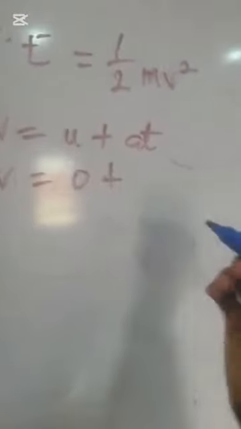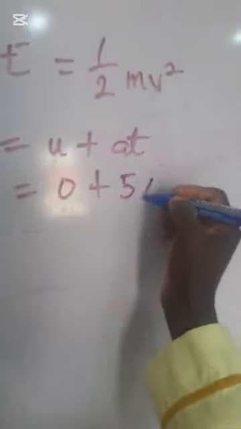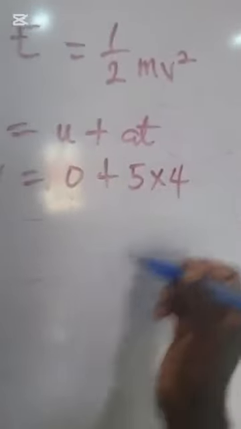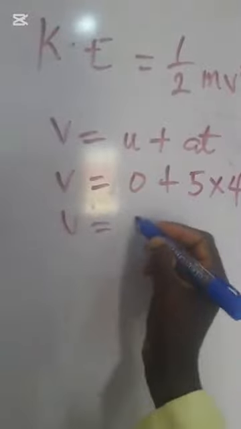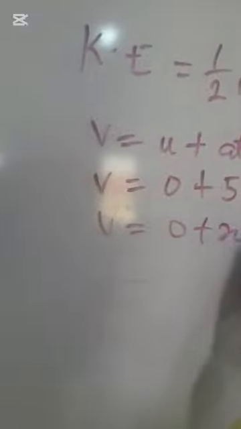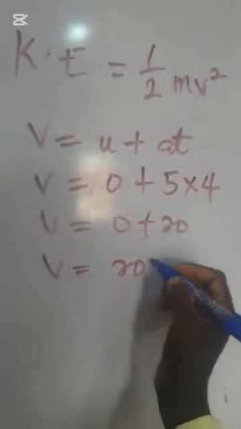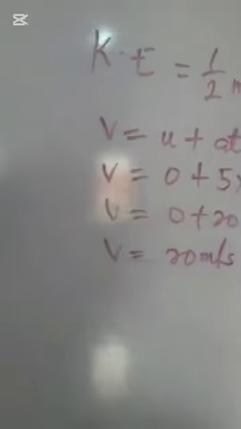So now we insert the A here, which is 5, multiplied by our T, which is 4 seconds. So our V will be 0 plus 5 times 4, 20. V is equal to 20 meters per second.